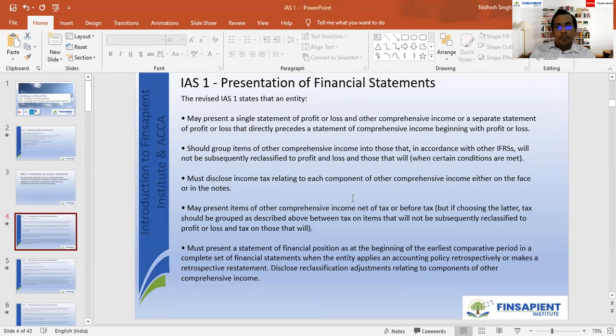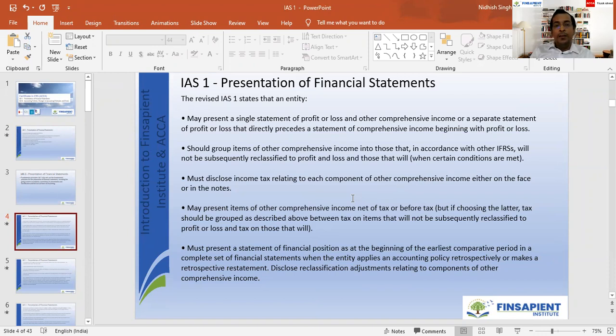The next requirement is that income tax is a key component to be separately classified. Either we can put that in the income statement or statement of profit and loss, or in the disclosure notes. Why is it important?